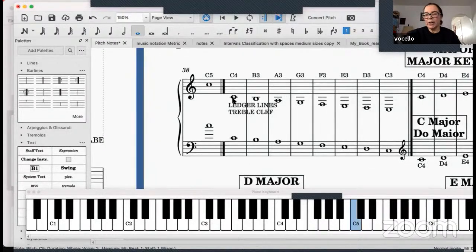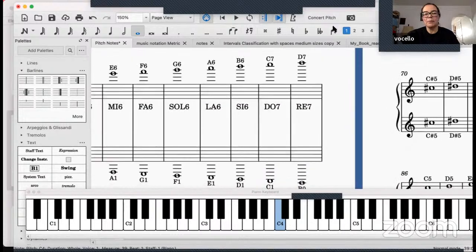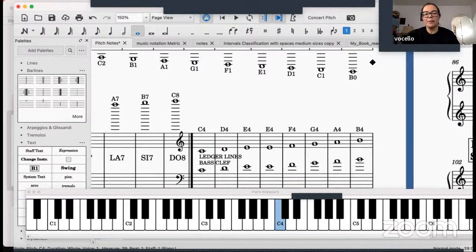The first ledger line below the musical staff on the treble clef is C4. B3 is the second space below the musical staff because the first is D4. Let me find D4 here. D4 is the first space below the musical staff on the treble clef.